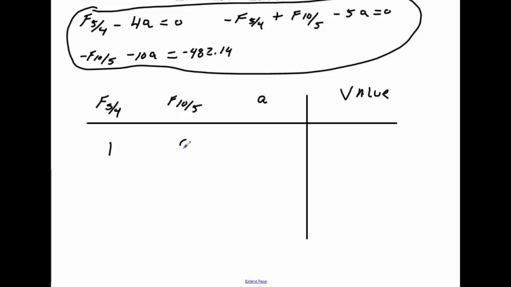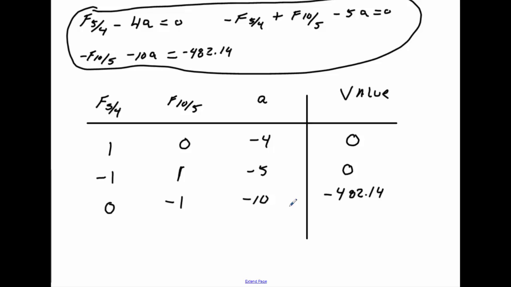We have no 10, 5, so we put a 0 in, we have minus 4, and we have 0 here. We come to the second equation, we put a minus 1 here, we have a 1 there, a minus 5 here, and we have 0 here. We come to this one, we have 0, we have minus 1, we have minus 10, and we have minus 482.14. I have a 3 by 4 matrix.